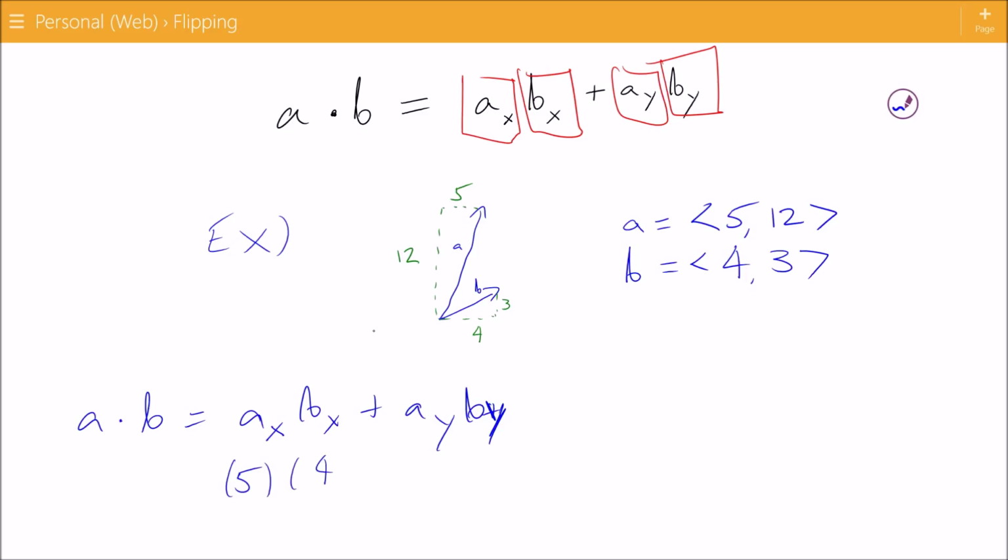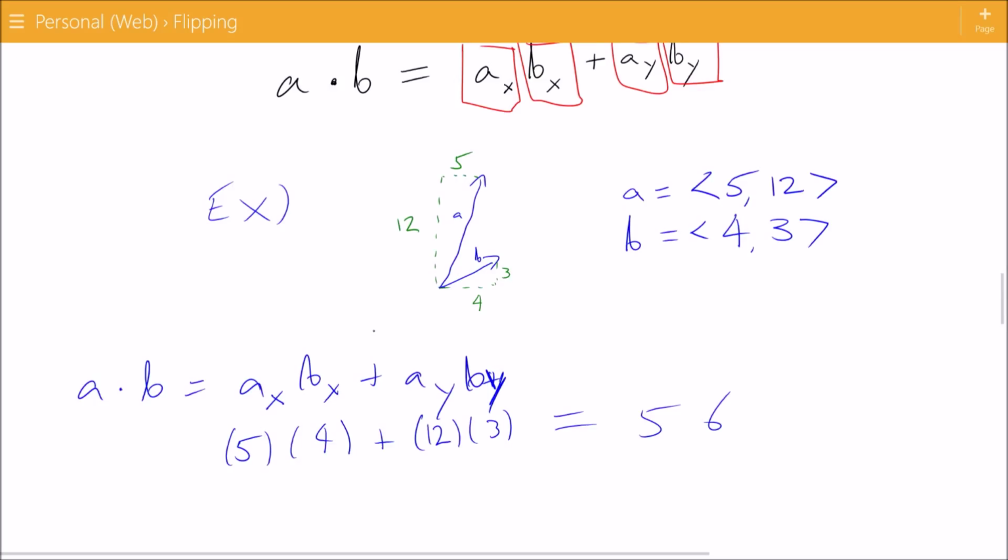Horizontal for B is 4, plus the vertical for A times the vertical for B, plug all that into your calculator, and that gives me 56. That is the dot product. If we have some rounding, we might not have something that is exactly the same.